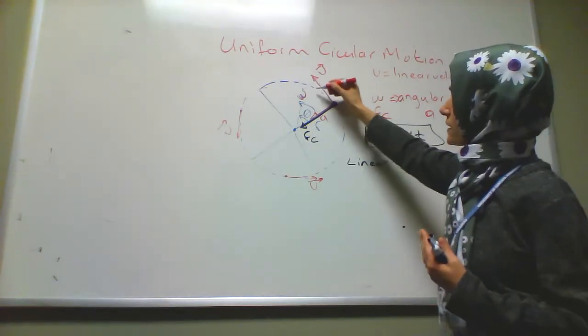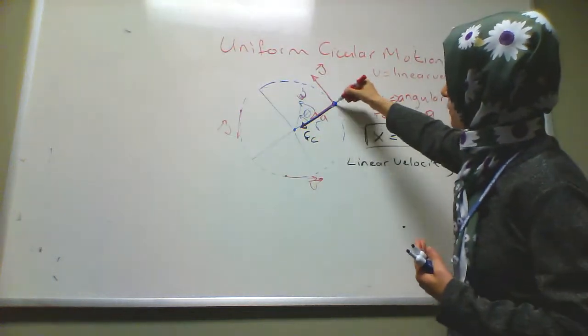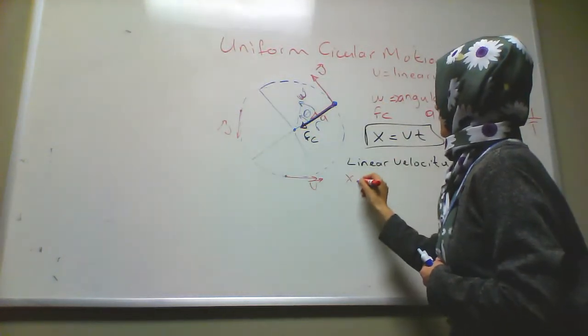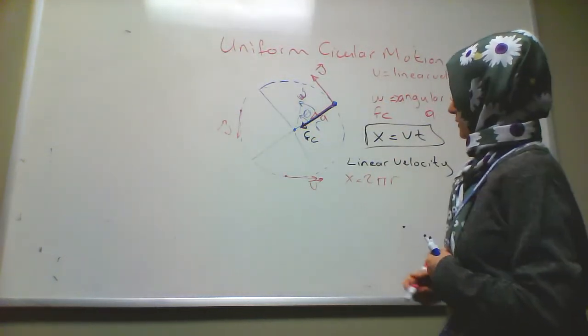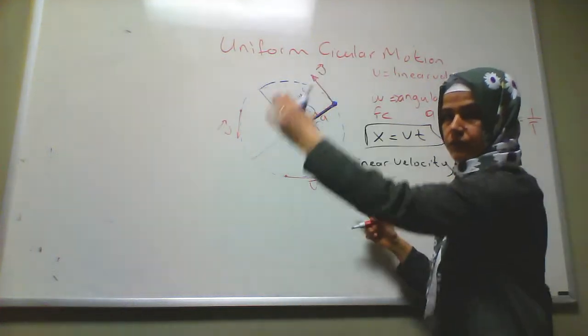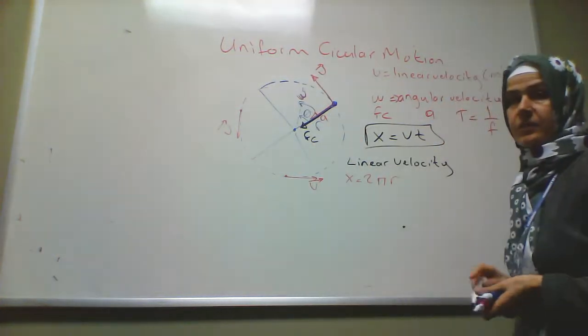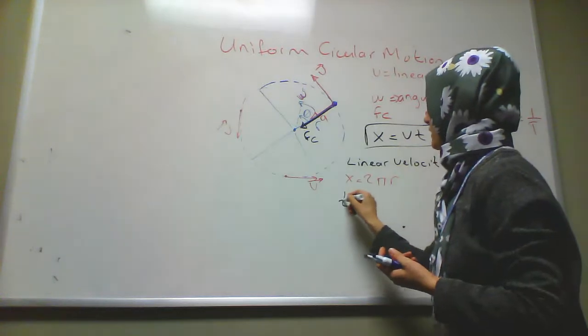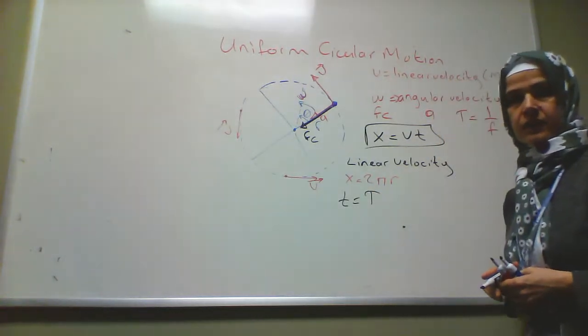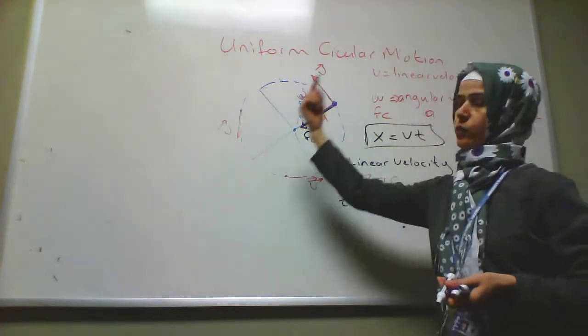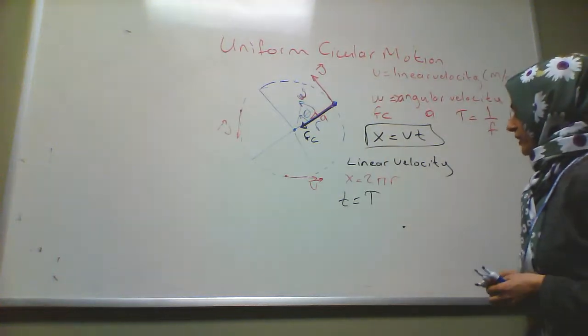The distance it traveled is the circumference of the circle, and it's equal to 2 pi r. This is my x for one full rotation. And the time it takes for one full rotation is equal to period, as we described.